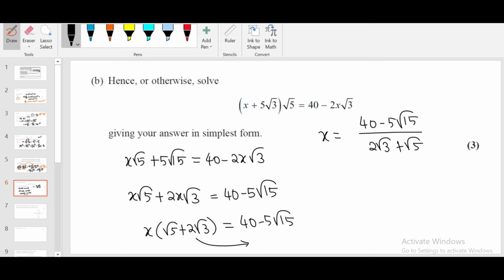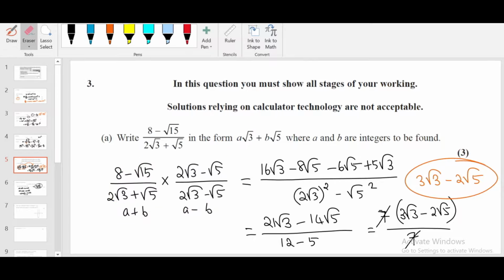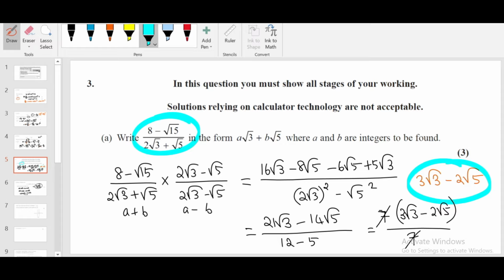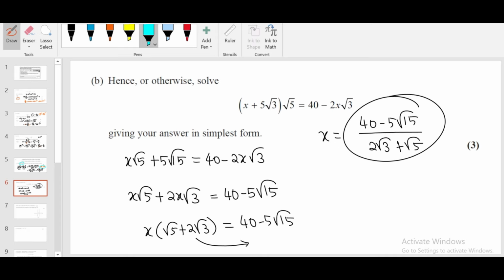This is where you can use the result from part A. If you look at part A, we have changed this into this, right? 8 minus square root of 15 divided by 2 root 3 plus root 5. So we need to have 8 minus square root of 15 on top.